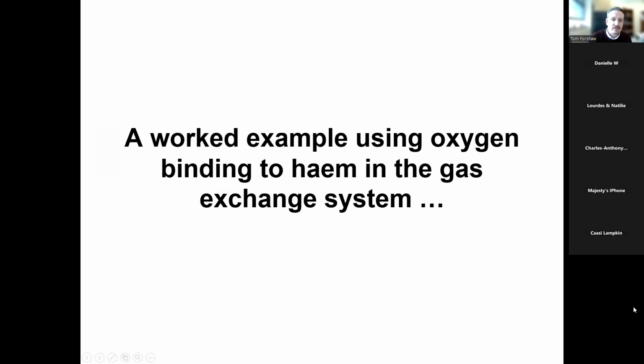So, a worked example using oxygen as a ligand, binding to heme as the protein. This is an old slide that I haven't fixed that uses the British spelling, to form the protein-ligand complex of hemoglobin, oxygen.